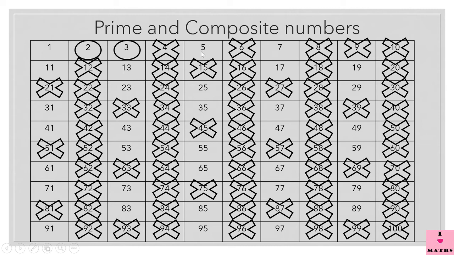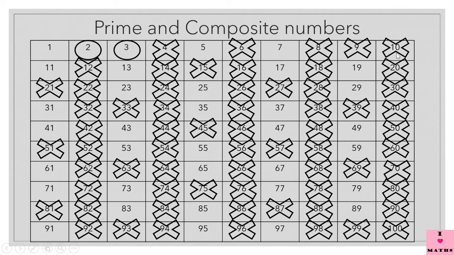Because of the divisibility test, I'm sure you remember that all the numbers which end in 5 or which end in 0 come in the table of 5. They are the multiples of 5. So we will encircle 5 and we will cut all the numbers in this column which have 5 at their ones place. And the numbers in this column are already crossed.